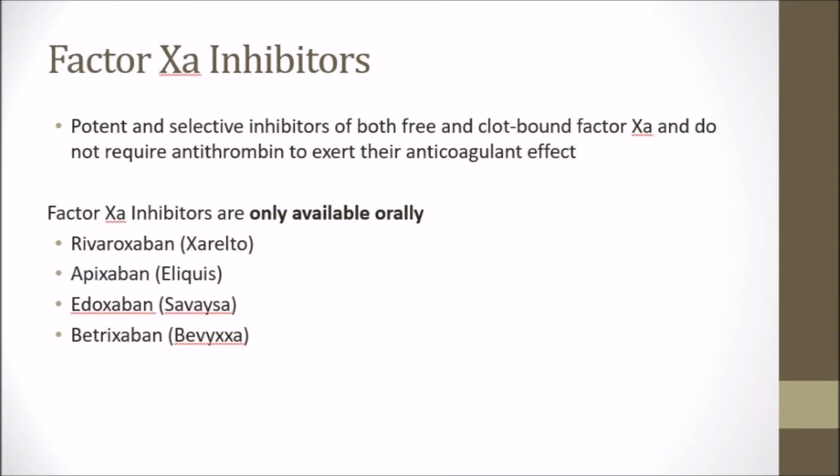Factor 10A inhibitors are called that because they're very potent and specifically selective for factor 10A. They include rivaroxaban or Xarelto, apixaban, which is Eliquis, edoxaban, which is Savaysa, and betrixaban, which is Bevyxxa.